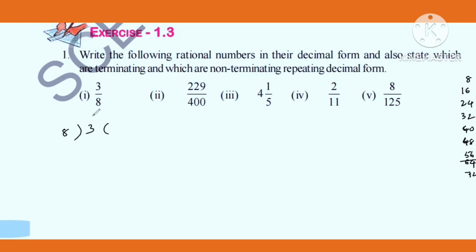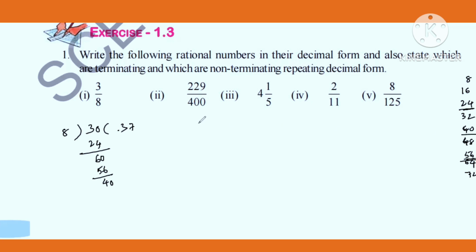Here we put the point and take 0. We got 30. Take the nearest number less than 30, that is 24. 8 3s are 24, and here we got remainder 6. Again the point is there, we get 0 here. 60, the nearest number less than 60 is 56. 8 7s are 56, and 4 is the remainder, and again we get 40.